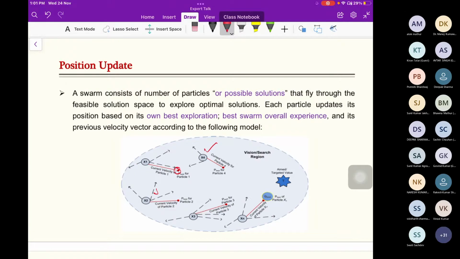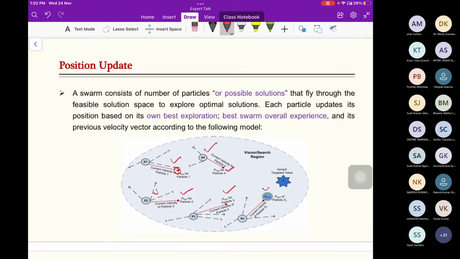The particles can move in different directions, but update their positions toward the target. This is the position of the first particle, this is the updated position of the second particle, and this is the updated position of the third particle.